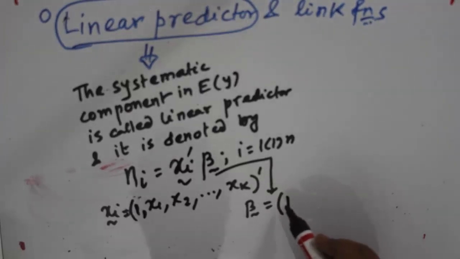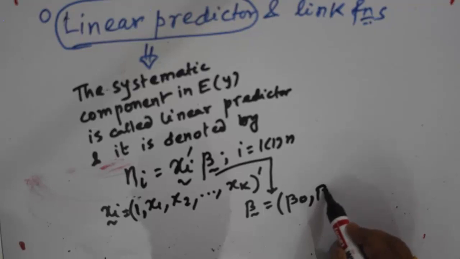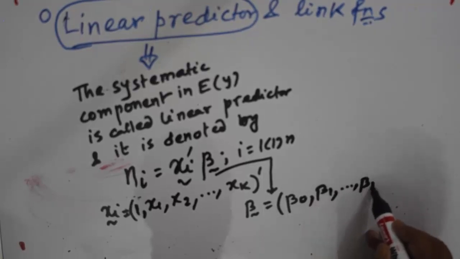This 1 corresponds to the intercept term. Beta curl is beta naught, beta 1, beta k.